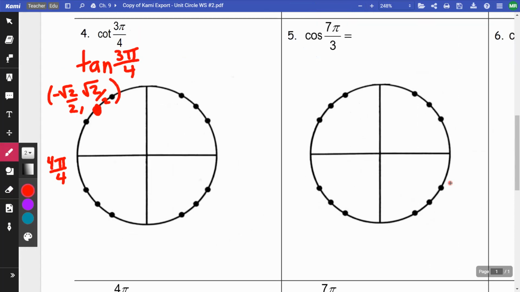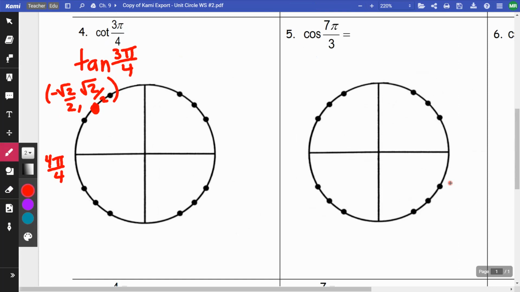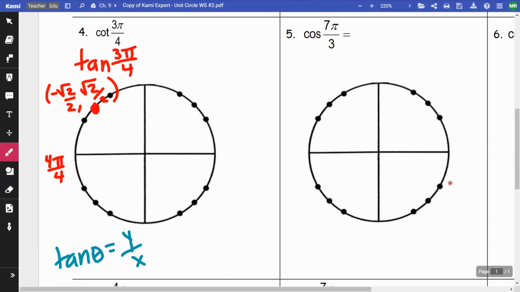So when I do my tangent, let me just jot this down. Tangent of an angle is sine over cosine, or you can think of it as y over x. And my cotangent is the reciprocal of that, which is x over y.